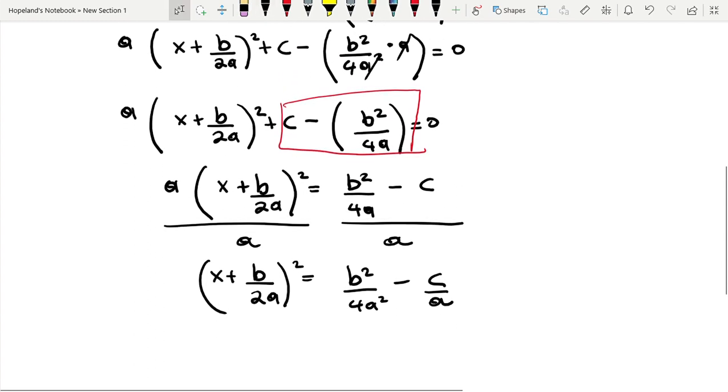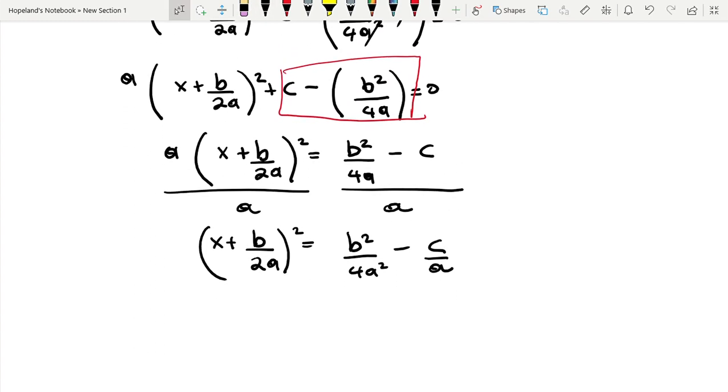After doing so, you want to take the square root of both sides. And when doing your square root, you have to consider the plus or minus.